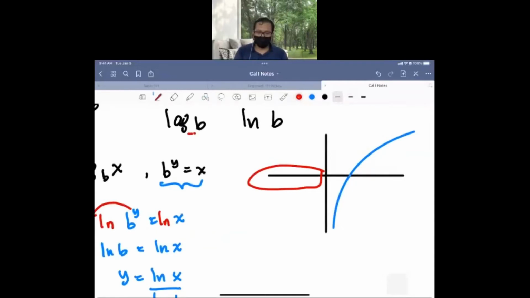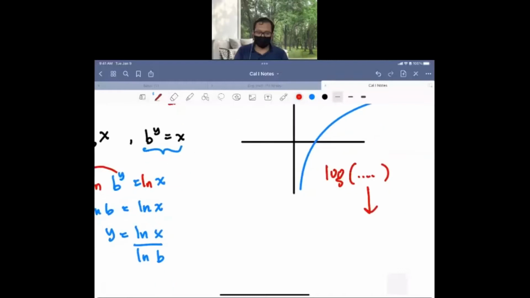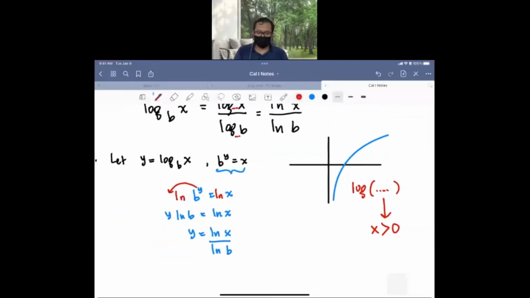Okay, that's just one thing to note. So if we have log with something here, if there is any x or y or any variable, this should be greater than 0. Okay, the domain.